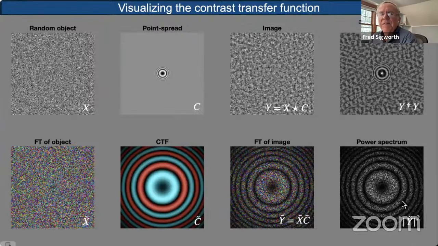So this is the power spectrum that I was talking about before. So the contrast transfer function of an electron microscope is most easily described in the frequency domain, and so what everyone does is follows this path to simulate an image in the electron microscope.